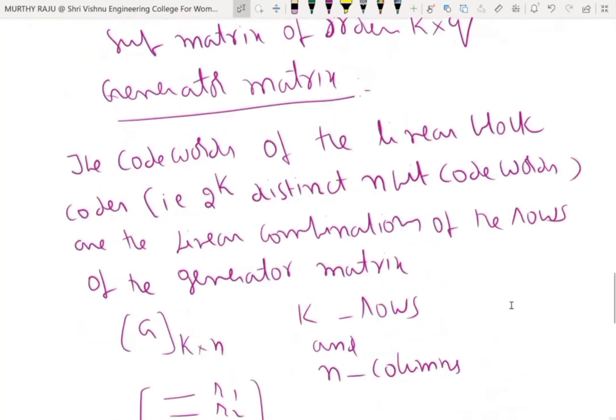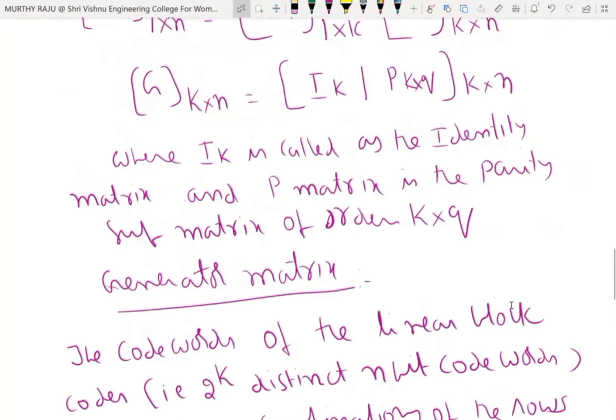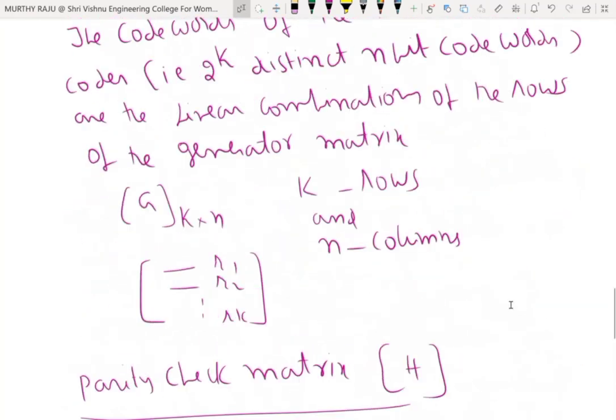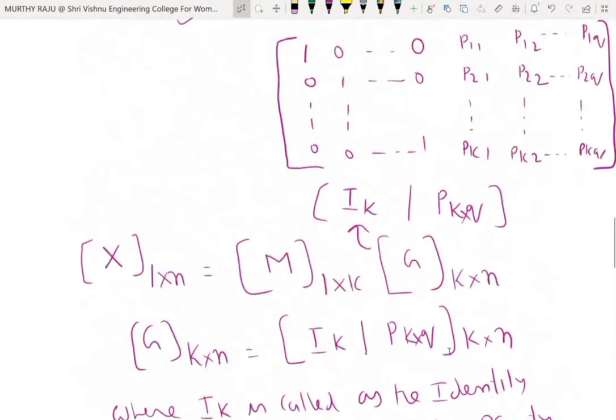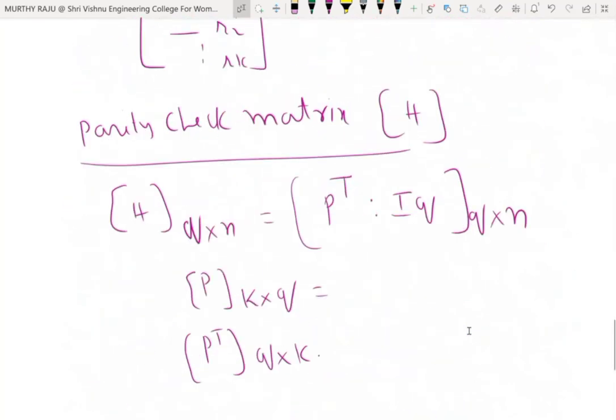These are the two important matrices, which are very useful to analyze the linear block code performance: the generator matrix and the parity check matrix.